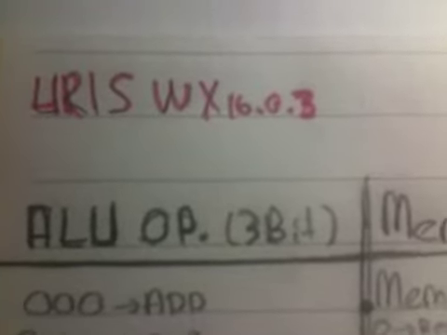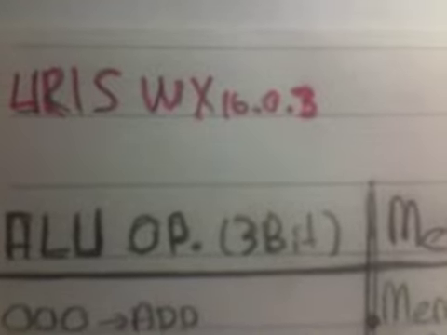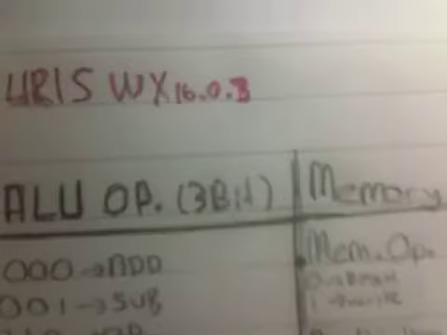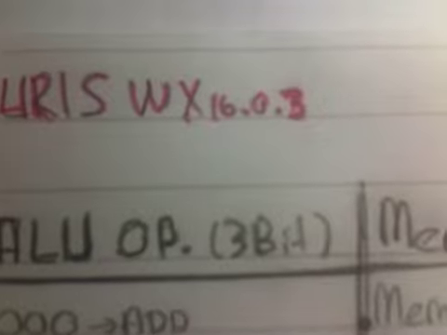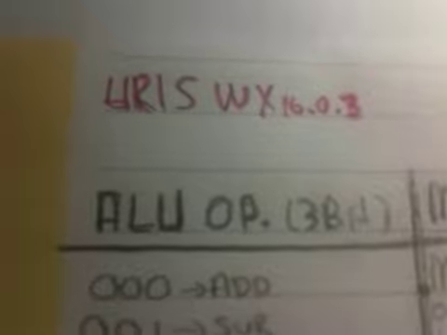Sounds pretty weird. 16 stands for the bit number. All this instruction set is 16 bits. 0.3 is the version, and this is the 3rd version I made of this instruction set. I'm going to throw a C in there, so it becomes your risk. Sounds amazing.